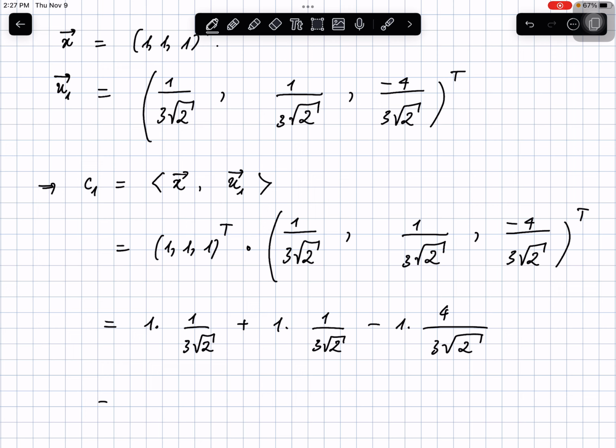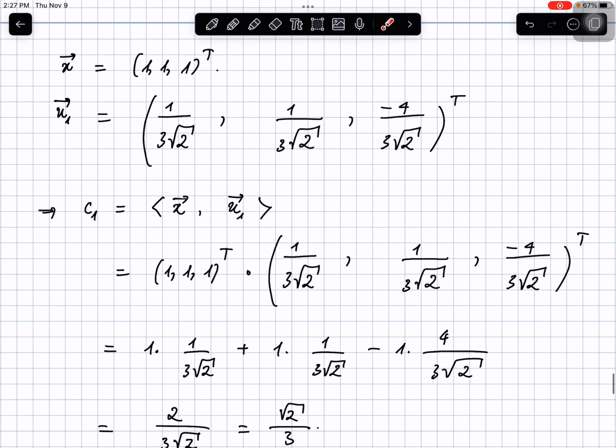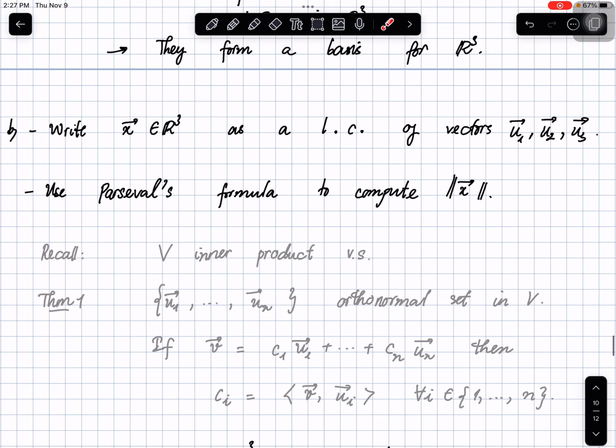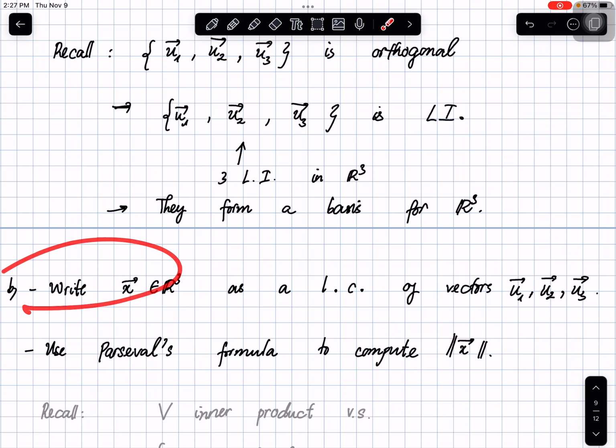So this is minus 2 over 3 root 2, which is c1. Similarly, we can compute c2 and c3.